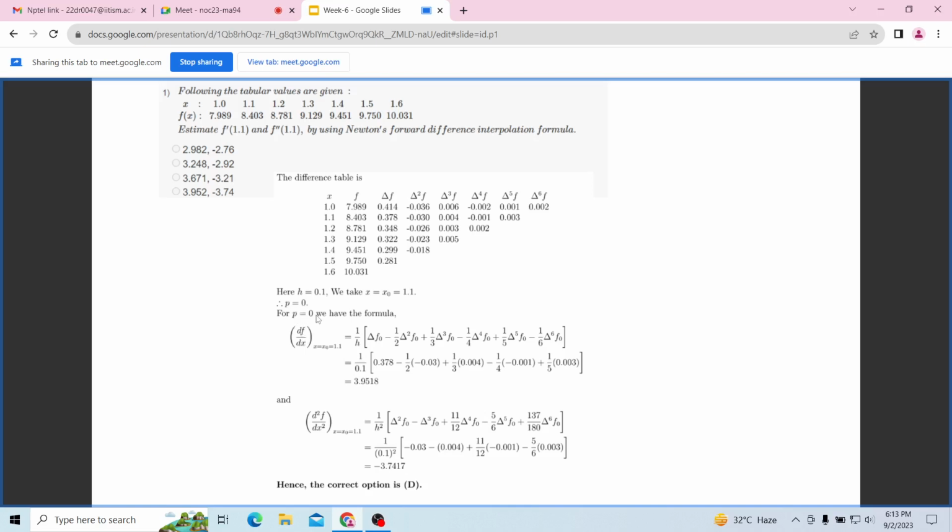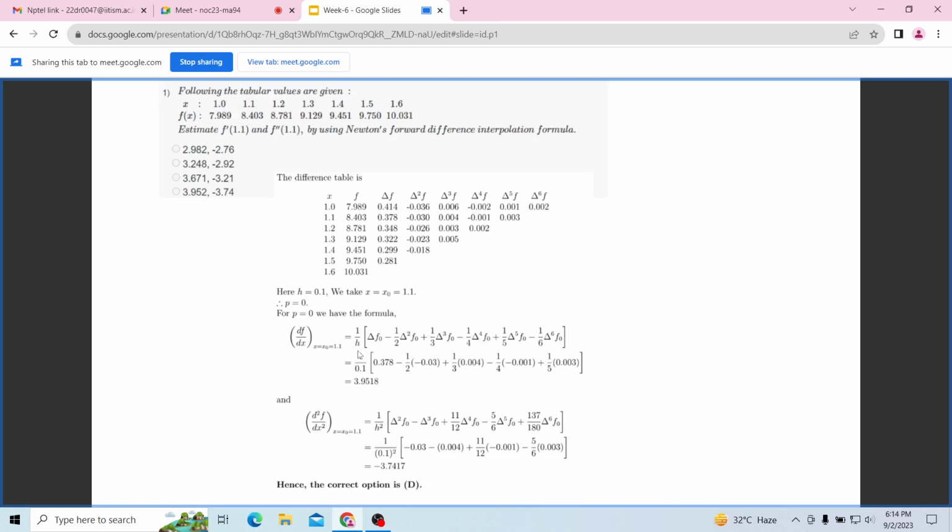So for p equal to 0, what is the formula for Newton's forward difference interpolation for f dash? df by dx at x equal to x naught, where x naught is 1.1, is equal to 1 by h times del f naught minus half del square f naught plus 1 by 3 del cube f naught minus 1 by 4 del 4 f naught plus 1 by 5 del 5 f naught minus 1 by 6 del 6 f naught.